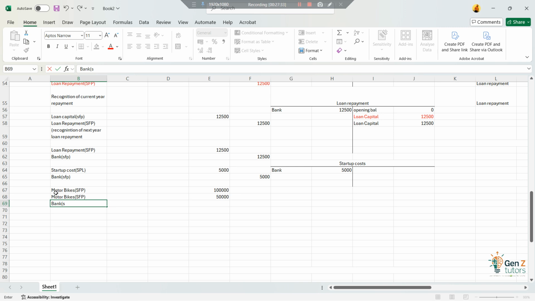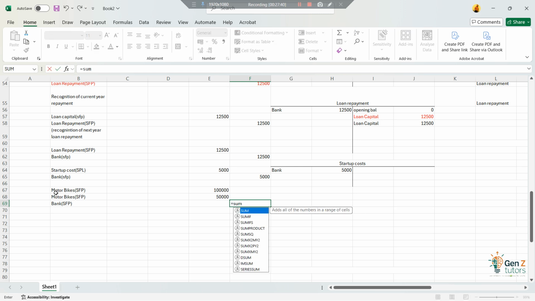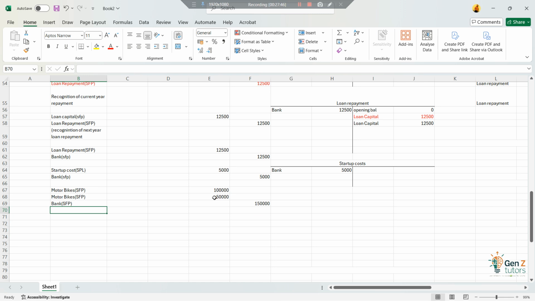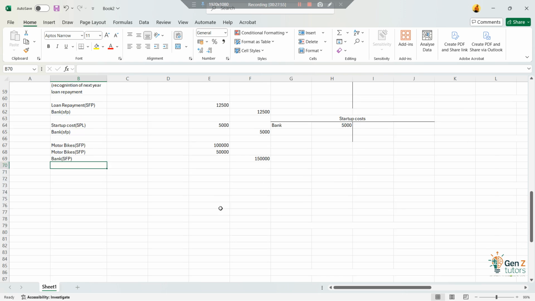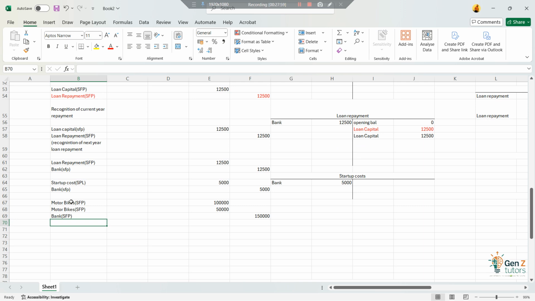We purchased 3 motorbikes throughout the year. You can say we purchased 2 motorbikes at the beginning of the year, multiplied by 50,000, which is 100,000. And then you also purchased another motorbike, SFP, for 50,000.